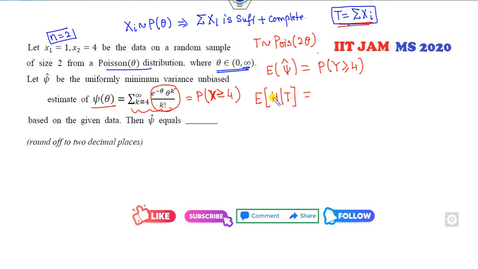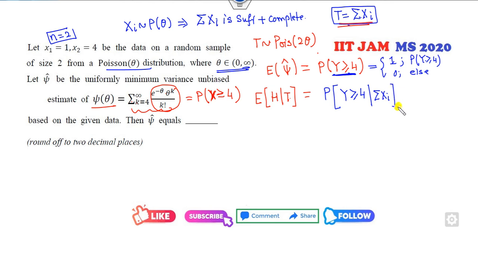So what is the h? H is my index. So the index is given here. That means the expected value you can write as the probability of y greater than or equal to 4. I can write this as 1 whenever y is greater than or equal to 4, otherwise 0. So how can you find the expected value? 1 into this divided by the condition, which is that the summation of xi is 5.